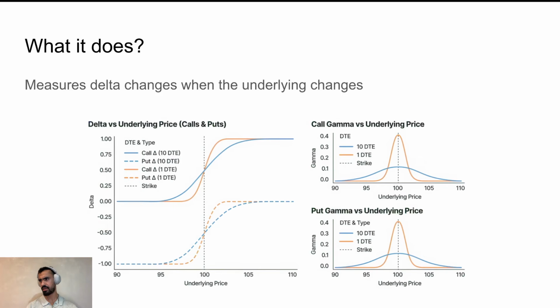So when a client buys an option, gamma is always positive. Like I said, gamma is just a measure that can be applied to a portfolio of options. So for your portfolio of options, if you own options, if you're long options, your gamma is going to be positive.